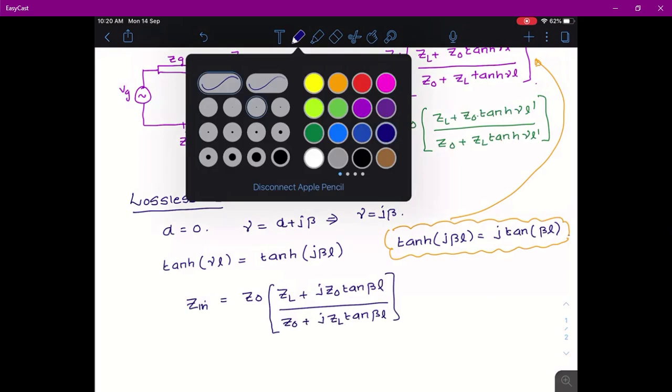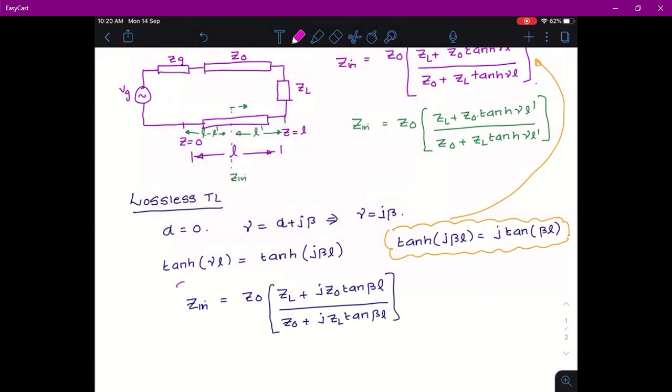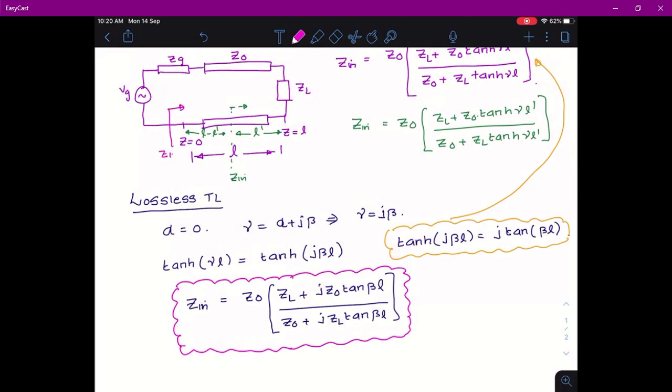So this is the expression for the input impedance of a transmission line which is lossless. Okay. So, basically you are looking at the impedance here, Zin.